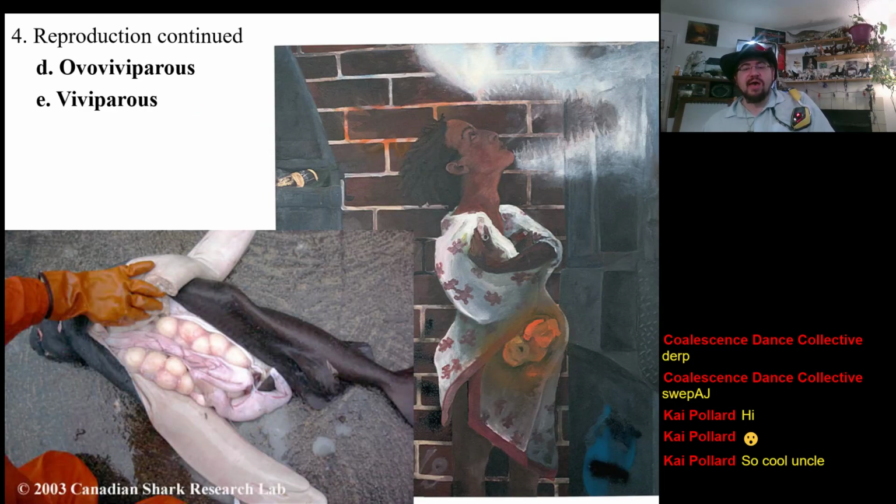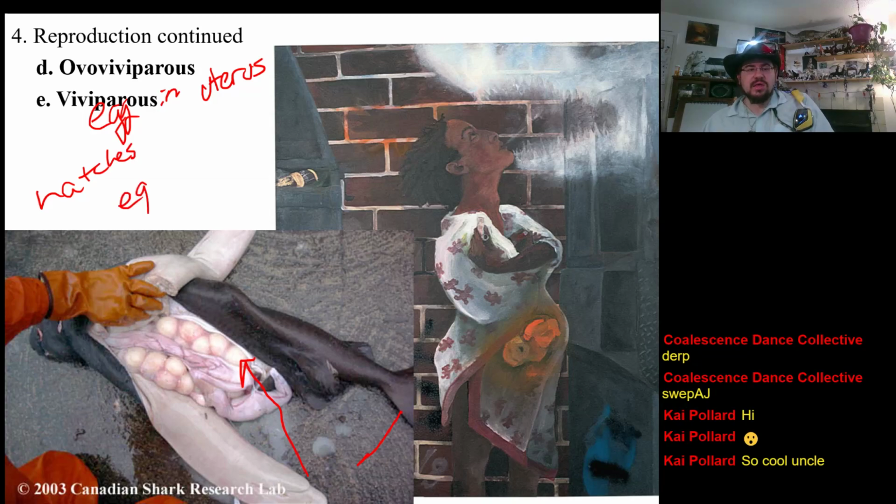Then you have ovoviviparous sharks, right? An ovoviviparous shark has an egg in the uterus. An egg develops in the uterus and then hatches.